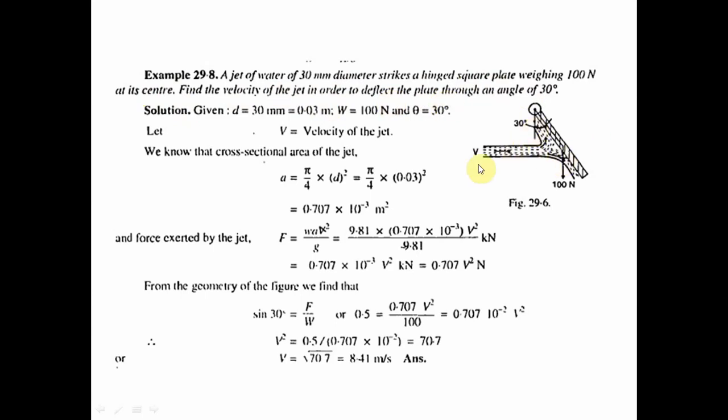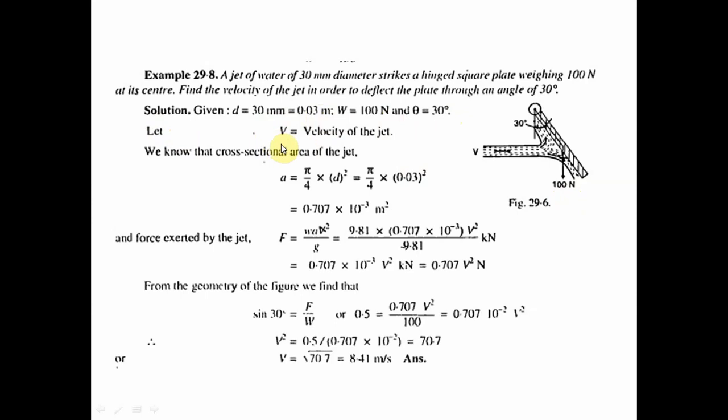So here the water is hitting the plate and it is deflected to an angle of 30 degree and the weight is 100 Newton. So given diameter is 30 mm, that is equal to 0.03 meters and weight is 100 Newton and theta is equal to 30 degree.